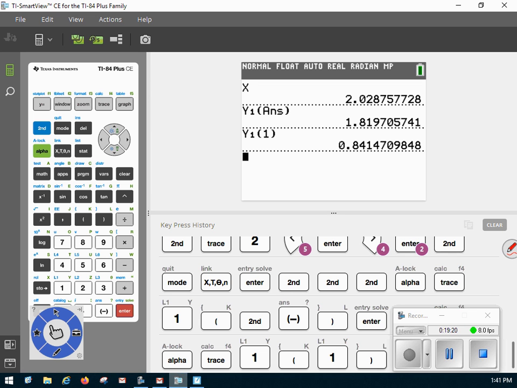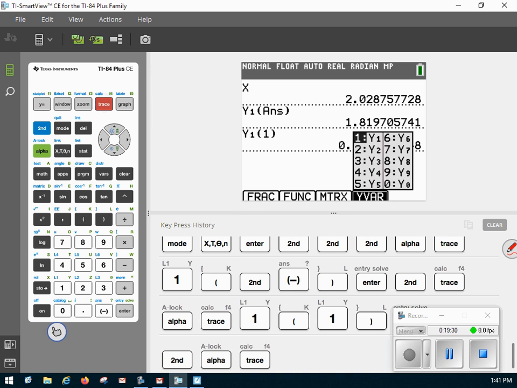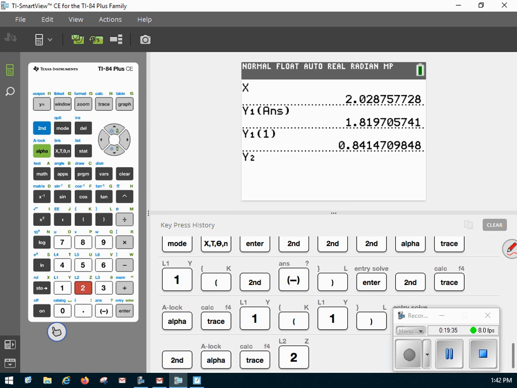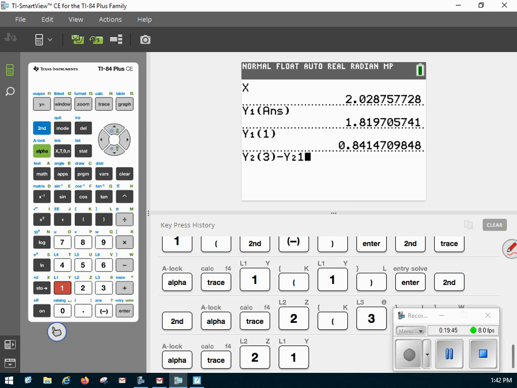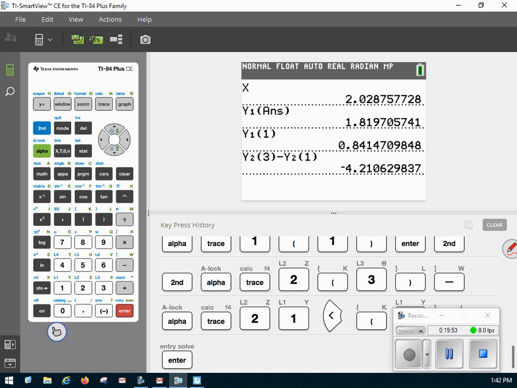If you'll do this idea, where do you have the derivative? Well, you have it in Y2, right? If you'll evaluate the derivative at 3, now mine won't work because I don't have the right equation in there, minus the derivative at 1, divided by 2.